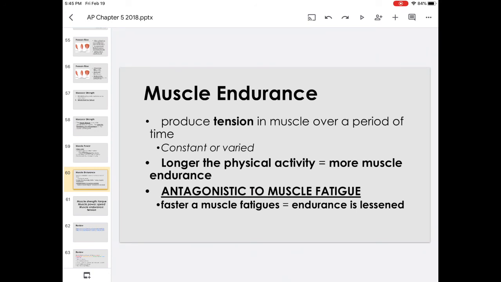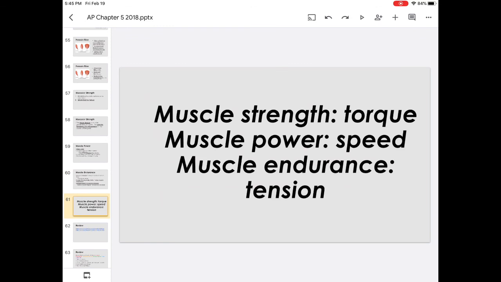Muscle fatigue is going to be the opposite of muscle endurance. So the faster a muscle fatigues, the less endurance you're going to have. So faster muscle fatigue, less endurance. So when you talk about muscle strength, you're talking about torque.